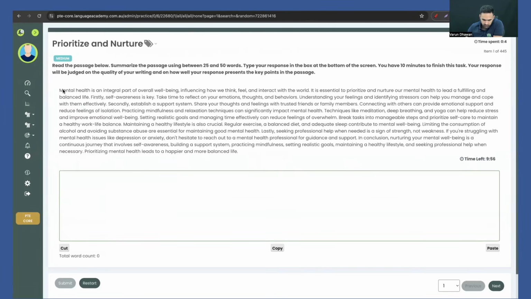Quickly skim through the passage. It's talking about mental health, right? So that's an important keyword. So what we'll do is we'll write mental. First sentence is mostly important. It's a good idea to include this.